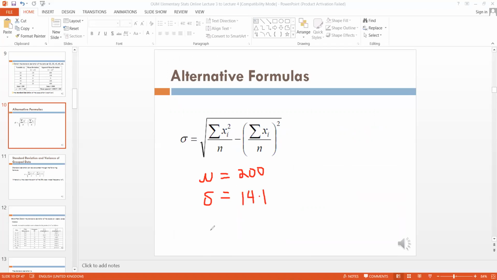So to find the coefficient of variation, it's just the standard deviation relative to the mean: 14.1 over 200 times 100%.